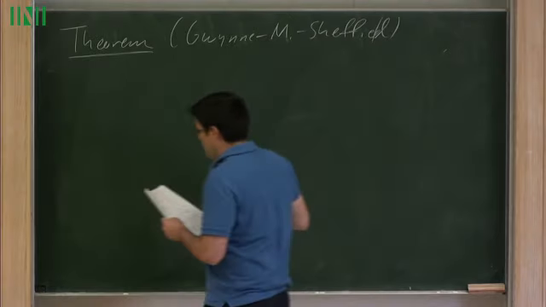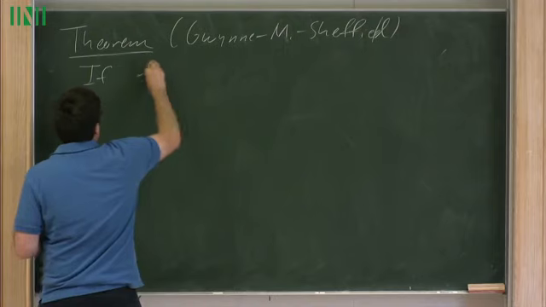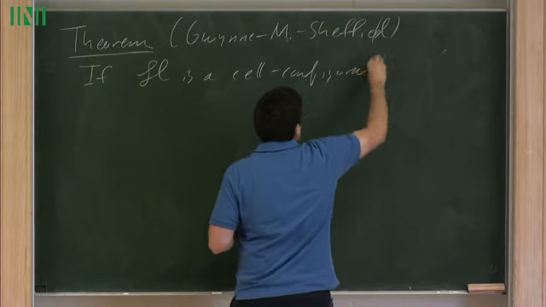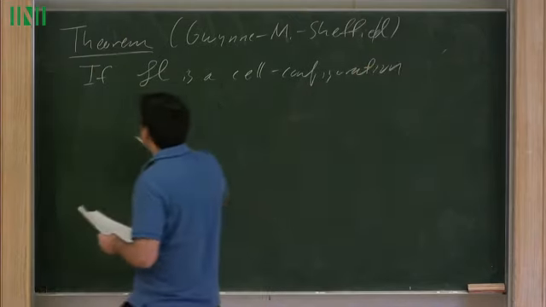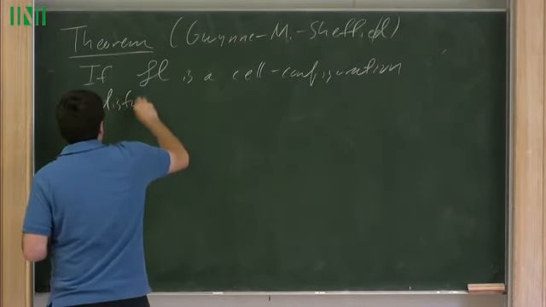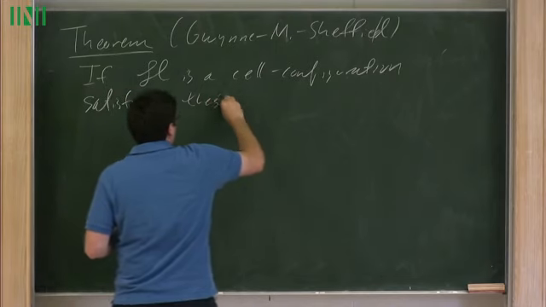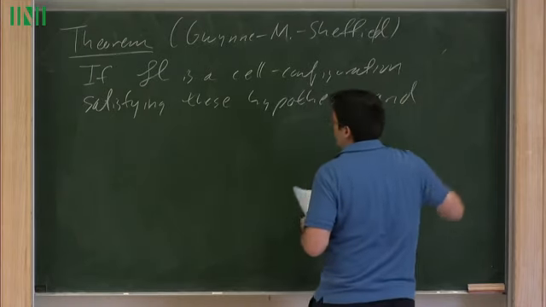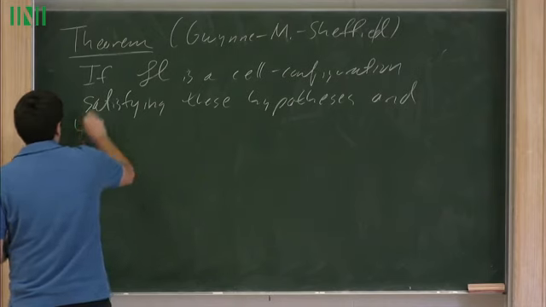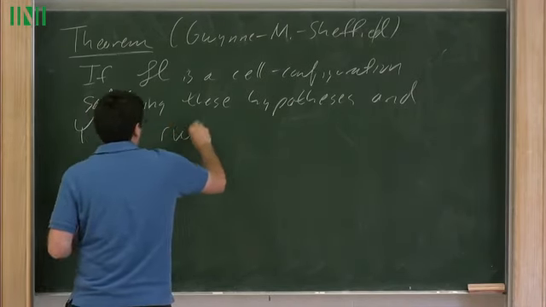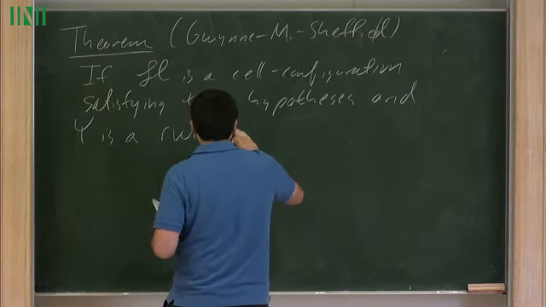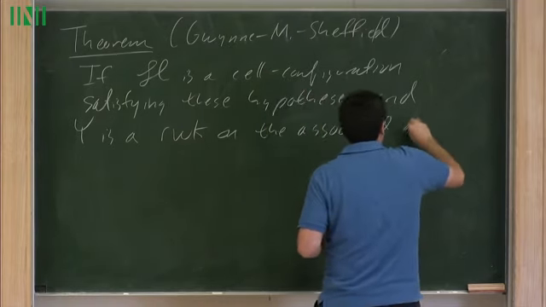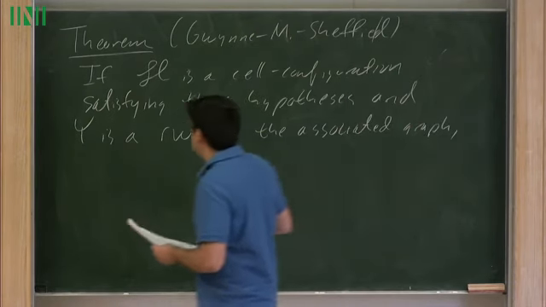So what it says is that if you have a cell configuration which satisfies the above hypotheses, and you have a random walk y on the associated graph with the associated conductances, then the following is true.